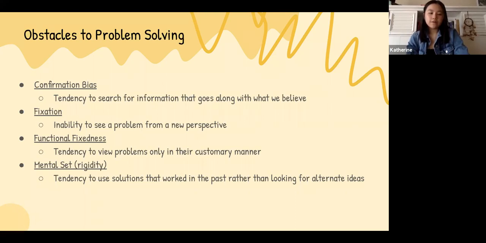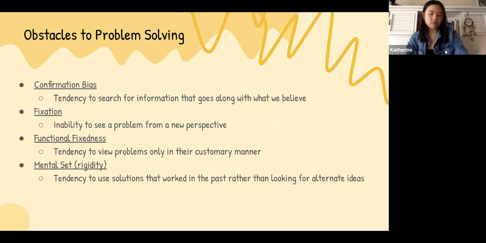So for example, if you are in a location that has high crime and you're walking by yourself and you have keys, if you have functional fixedness, you might just see keys as just a regular set of keys. However, you might be able to see that keys can be more than just something to unlock a door. You can use it as a weapon if you put it between your knuckles, things like that. That will bypass functional fixedness.